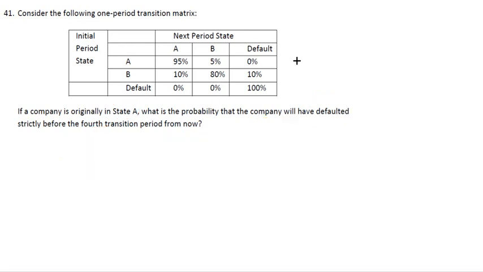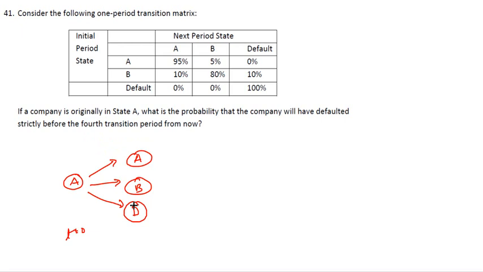Now to do this, let's draw the state transition. The company is initially in state A at t equal to 0, and the company can move to state A, can move to state B, or can move to D. Please note that the chance that the company would move to D is 0, right? So this state is not happening. The company can move to only A or B at t equal to 1.